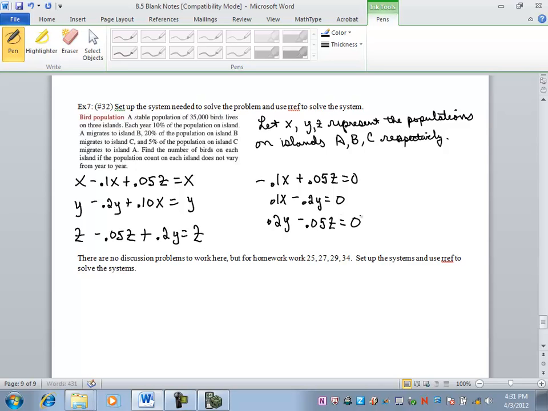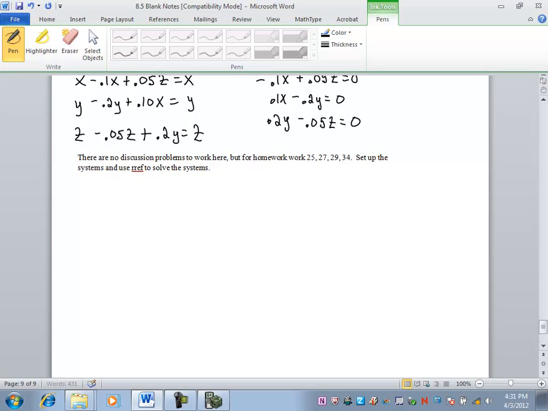So what we have here, when we work this out, we get a solution of 10,000, 5,000, 20,000.